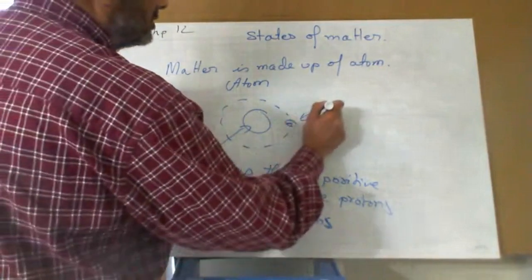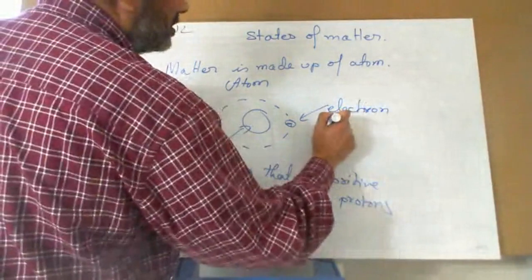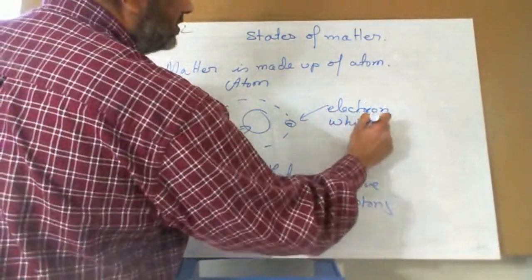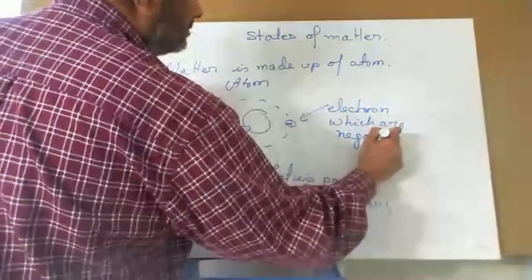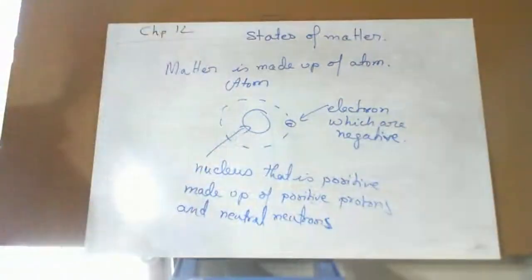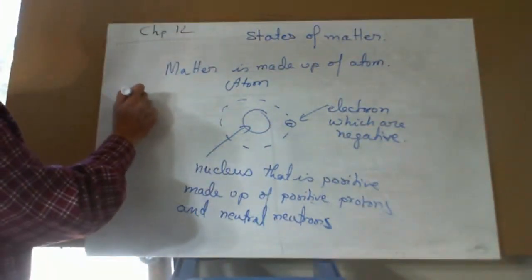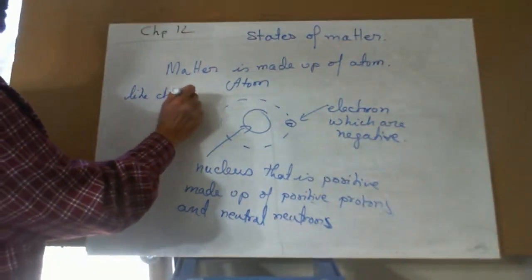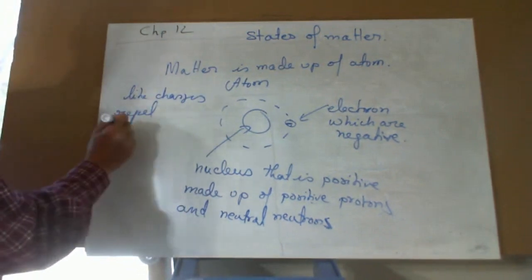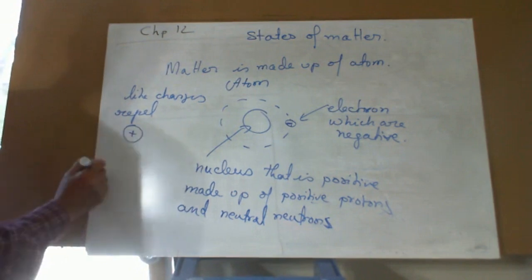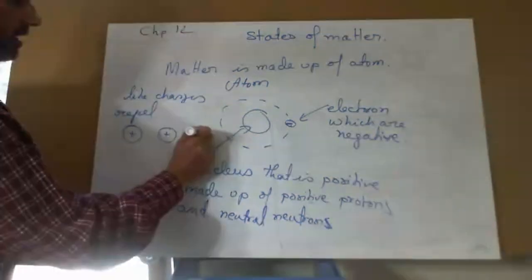Electrons are negative, and they obey certain rules: like charges repel. So if you bring a proton and another proton, they will repel.